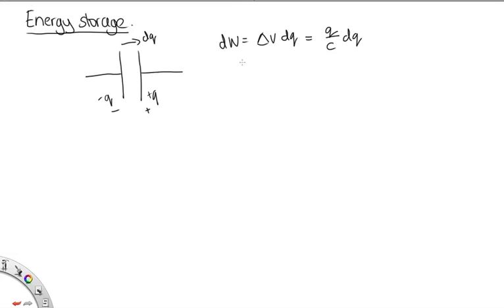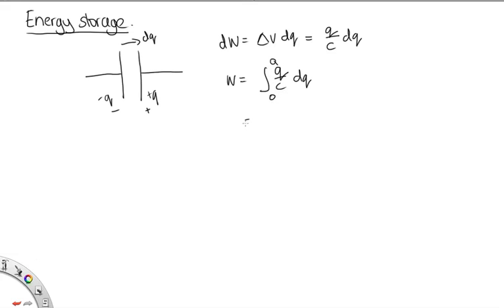So to work out the total amount of work we need to do to charge this capacitor up to a total charge capital Q, we'll need to integrate this over that total charge. So we have that the work done is equal to the integral of Q on C dQ, and this charge is going from 0 up to capital Q, the total charge.